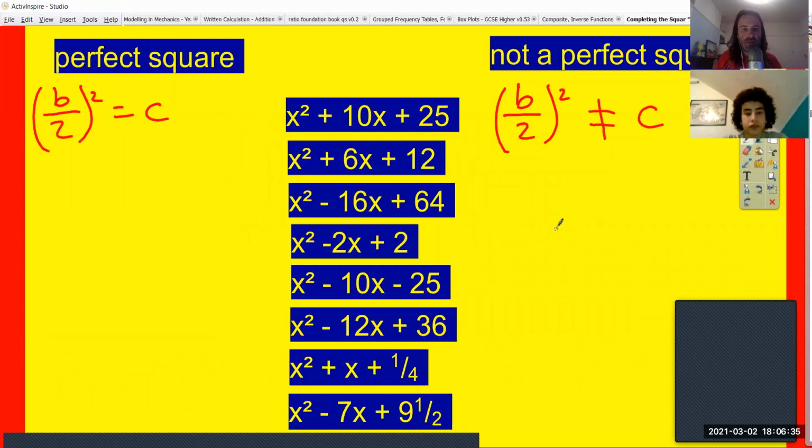Okay, perfect square or not? Square b over 2, halved.